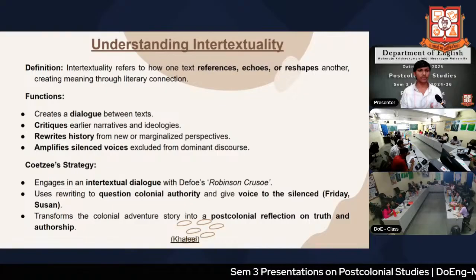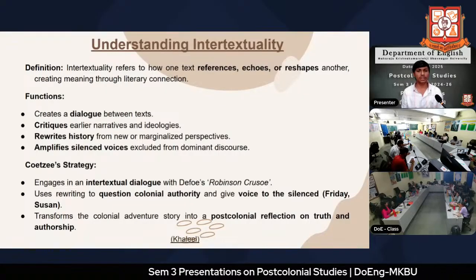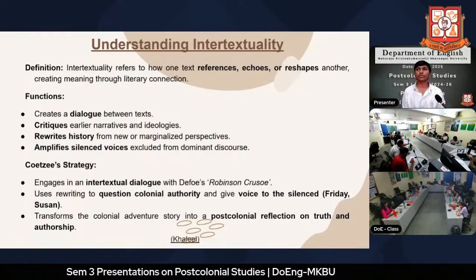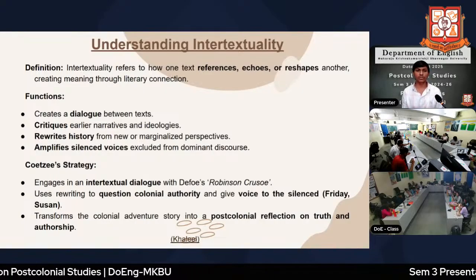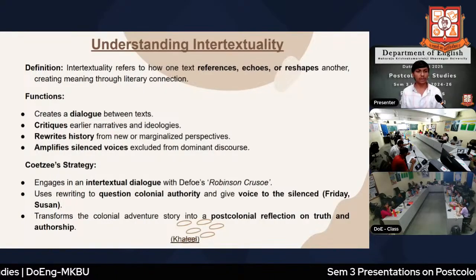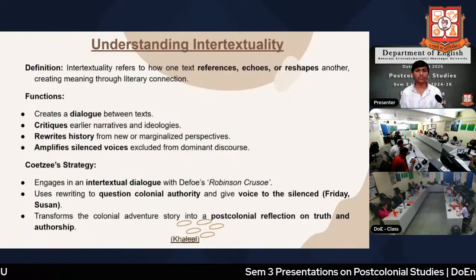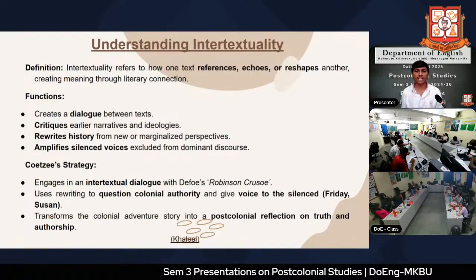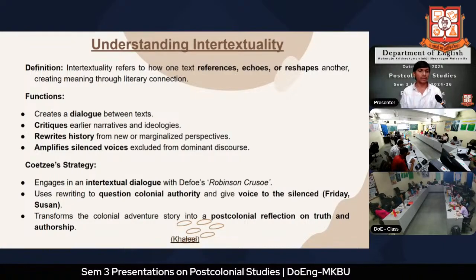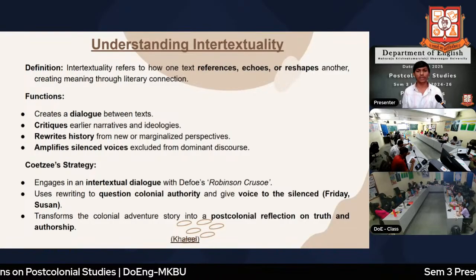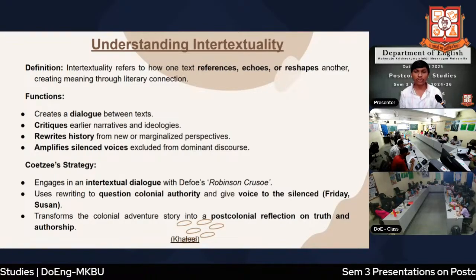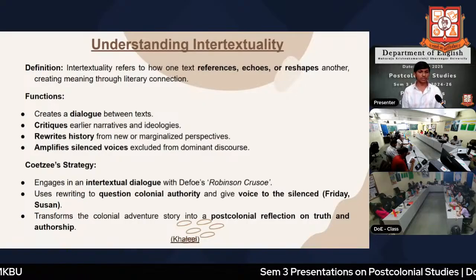Another is to critique earlier narratives and ideologies, questioning previous texts, and to rewrite history from a new or marginalized perspective. Additionally, it amplifies silenced voices excluded from dominant discourses.